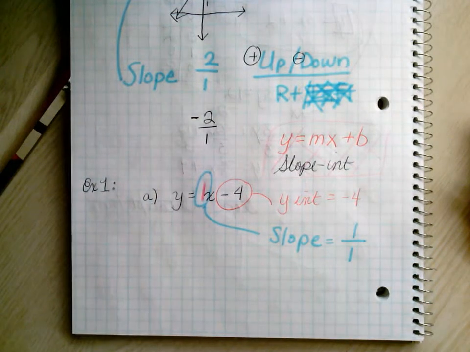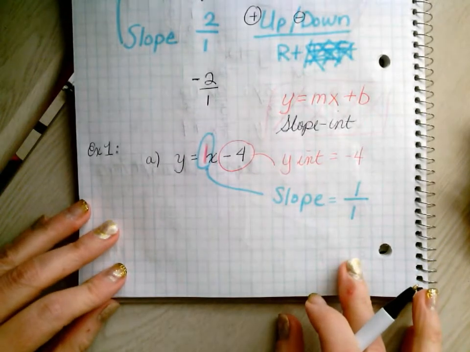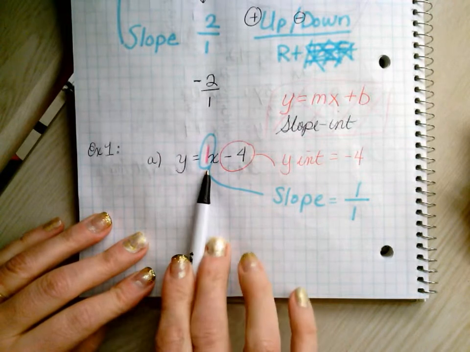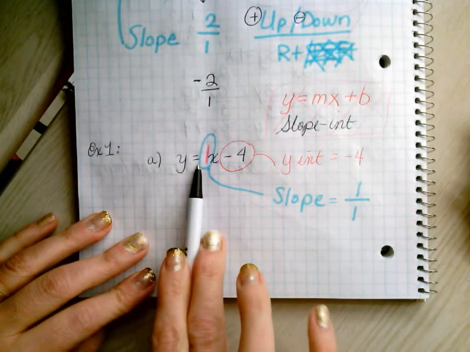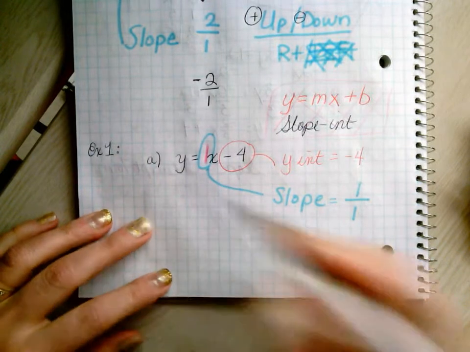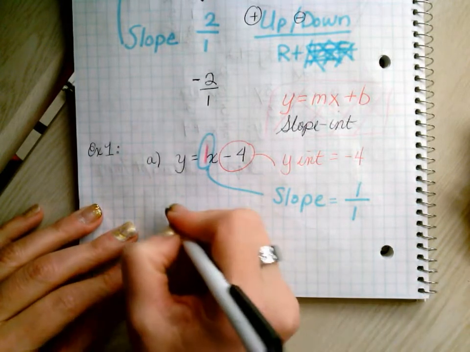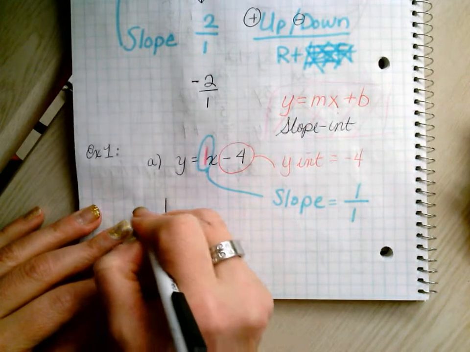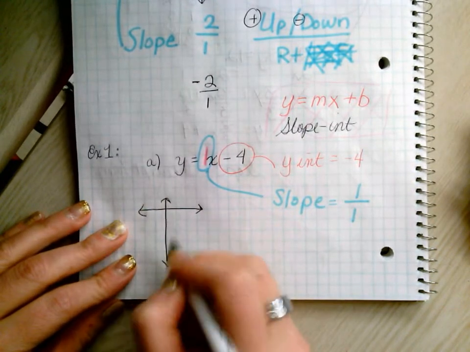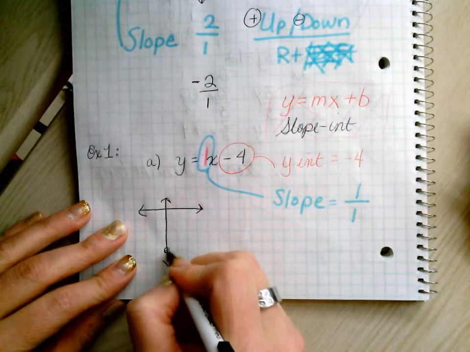Okay, if I asked you to graph this, you could. They're not saying to, but I'm going to show you right now. Okay, y-intercept, slope. Because it's in y equals mx plus b form, if I wanted to graph it, I could. The y-intercept is negative 4, which means I'm going to just graph this bottom piece, 1, 2, 3, 4.